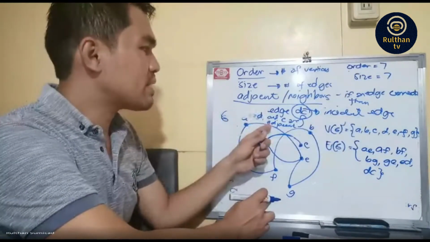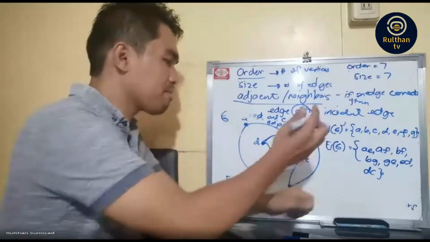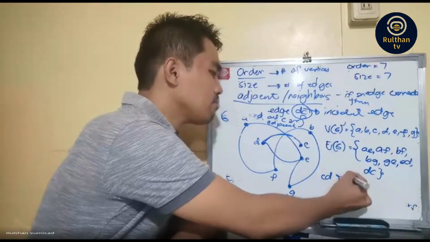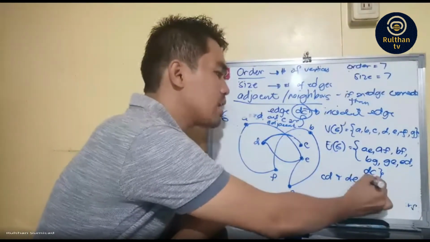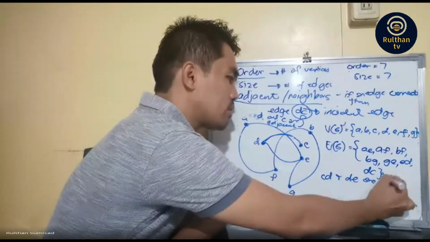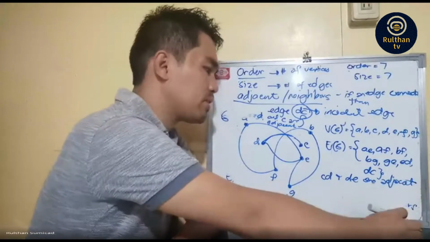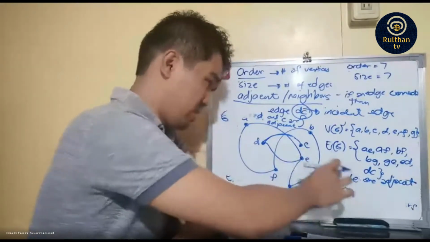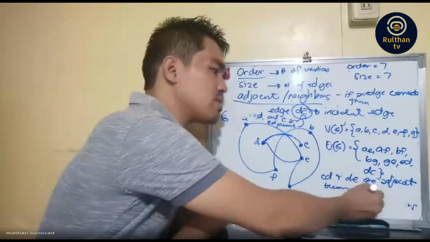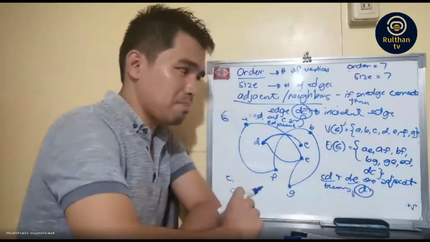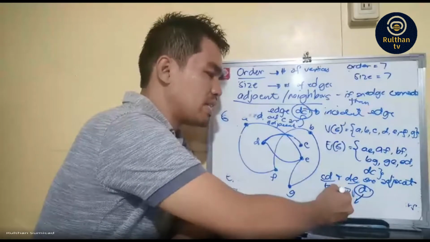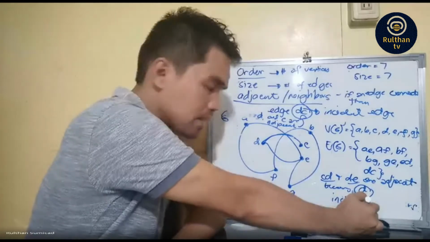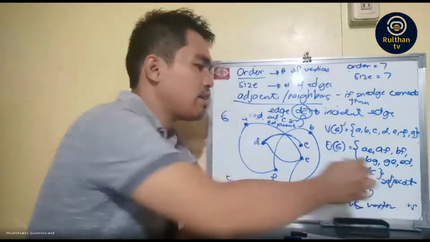At the same time, CD and DE are adjacent as well, because of the common vertex D. And we call D here our incident vertex. Okay, they follow?